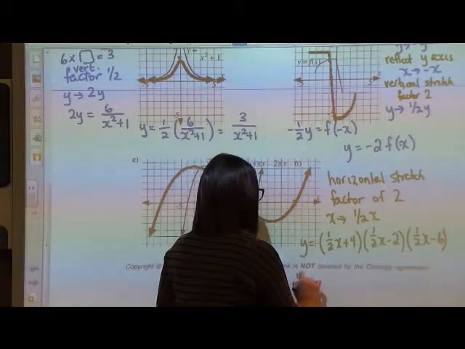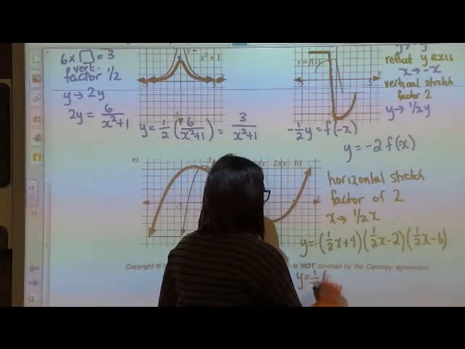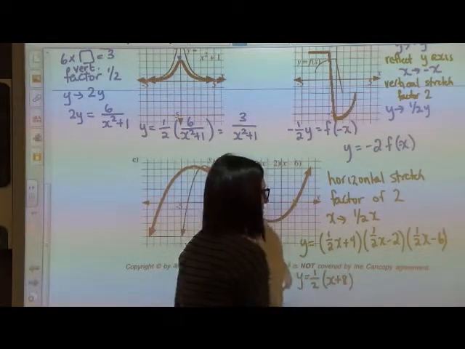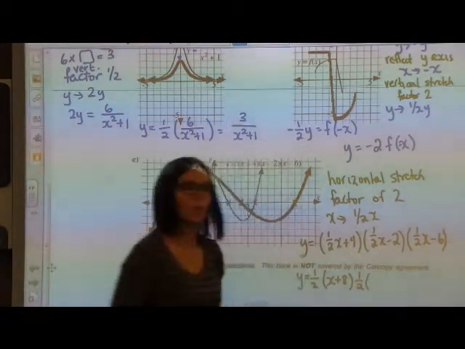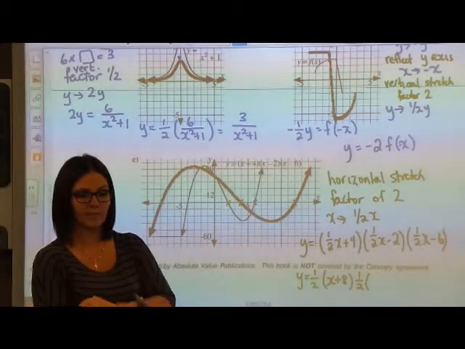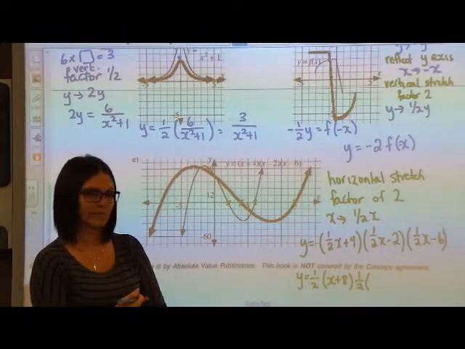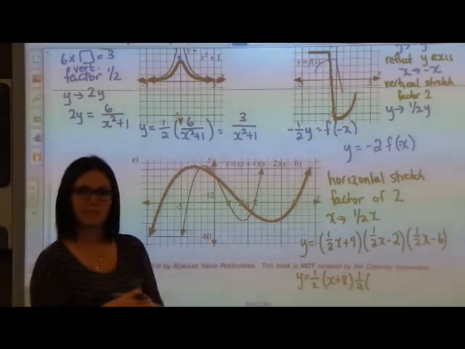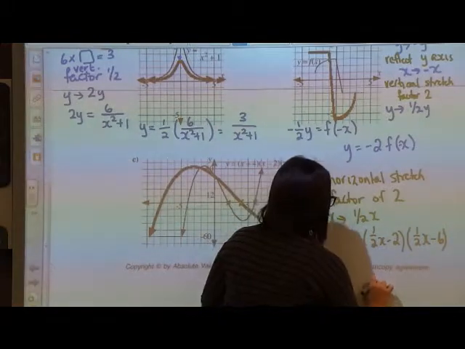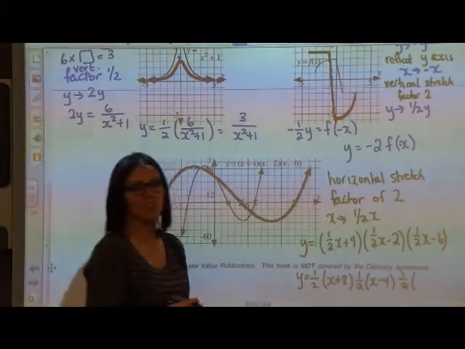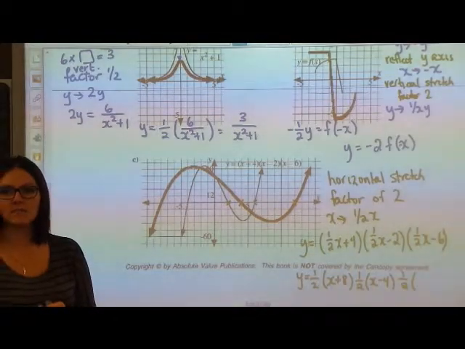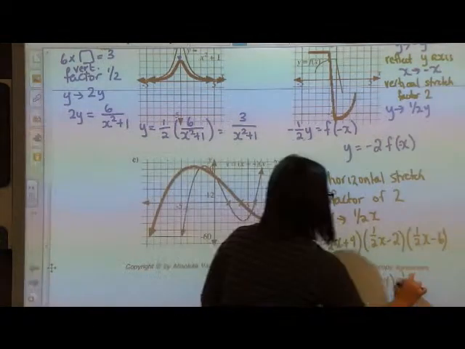So I pull out the 1/2, and I get x plus 8. If I pull out the 1/2 from the second factor, what would I be left with? x minus 4. And if I pull out the 1/2 from the last factor, I would have x minus 12.